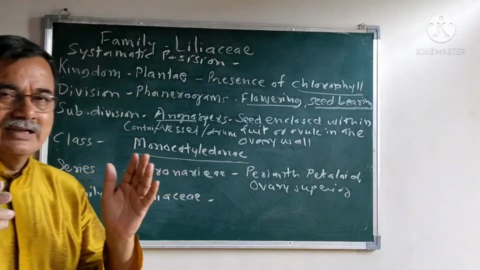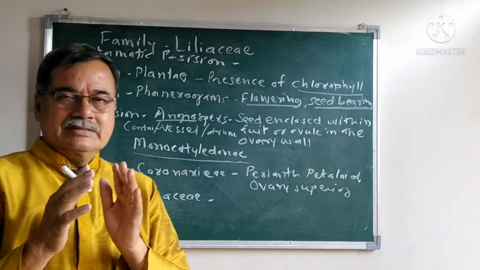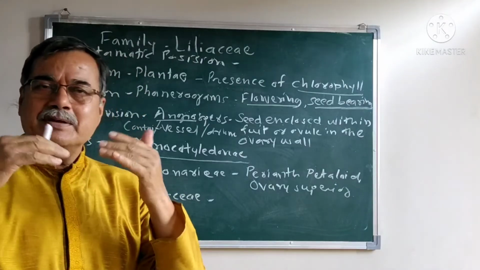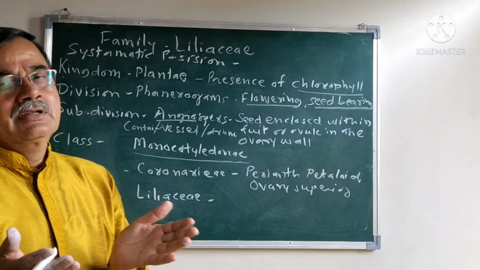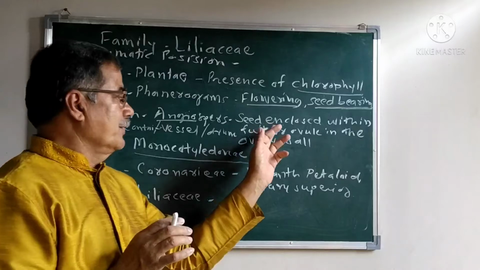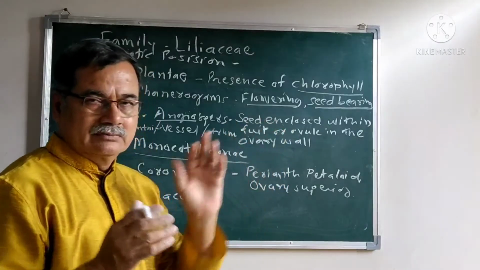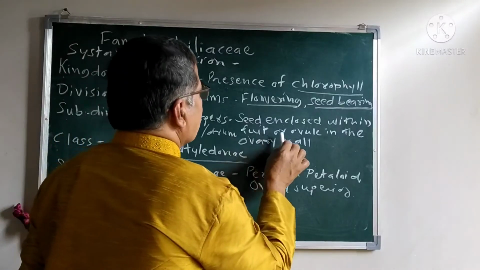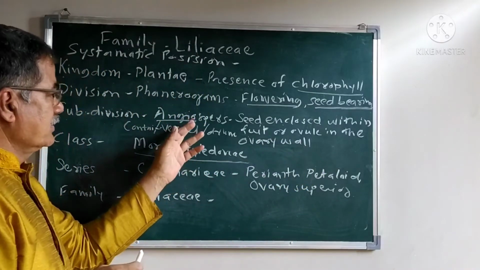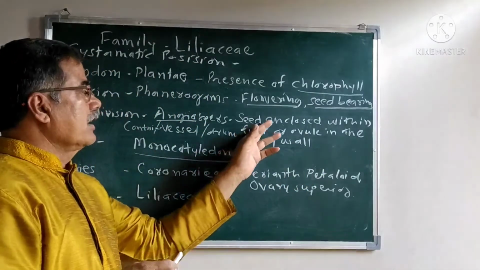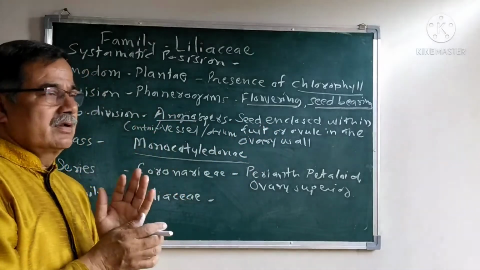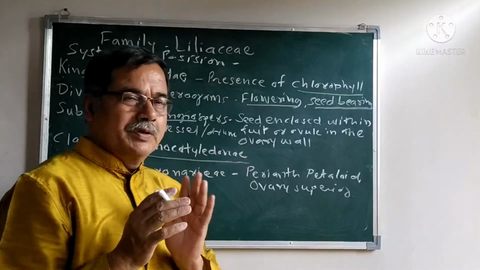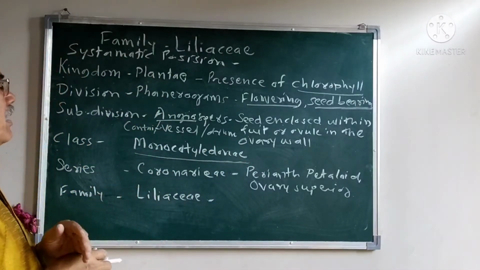Suppose one example, a mango. Mango has a single seed, and the seed is covered by the pericarp, epicarp, and so on. Mango, guava, brinjal, tomato, these are angiospermic plants. It means the seeds which are developed are enclosed in the fruit and covered by the ovary wall, that is the fleshy part.